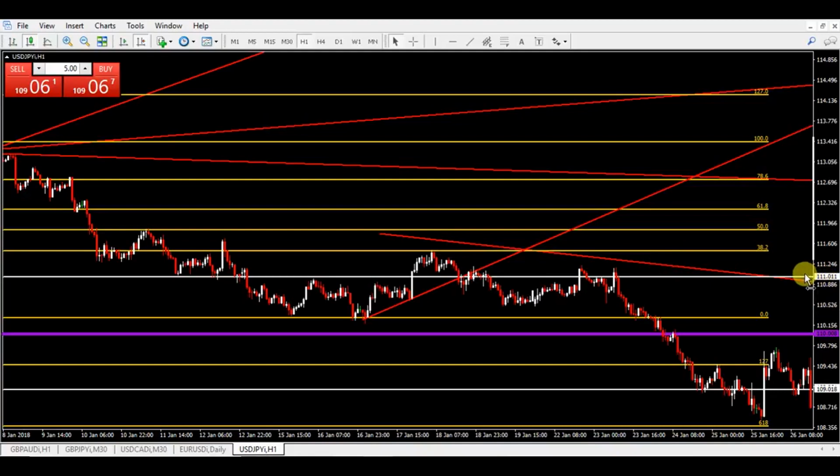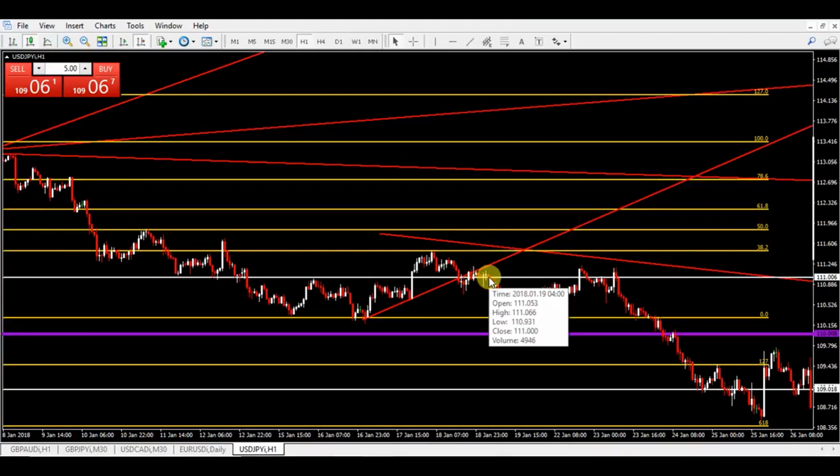111.00 whole number. Think that's a coincidence? Well, I've got news for you. It's no coincidence. Break and close below to confirm that it's likely that it's not going to retrace any deeper than the 38.2. Confirmed by this trend line break and close below, backside retest, and anticipating further downside.